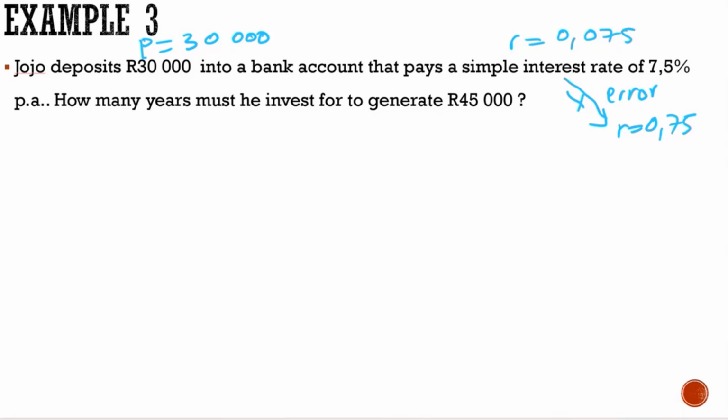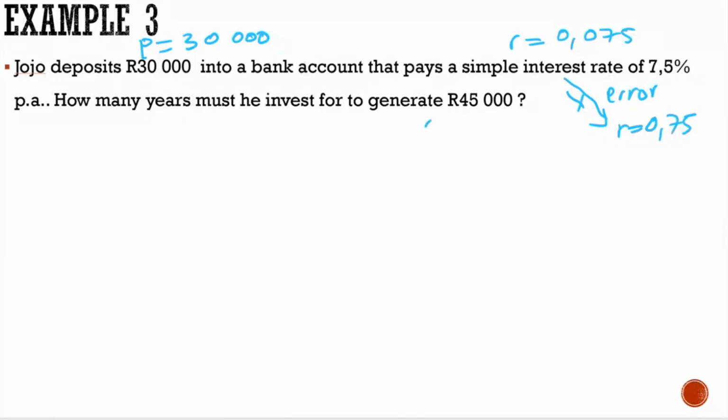You think 7,5, it is 0,75. So if you want to check that you are calculating in a correct way, just put 7,5 divided by 100, you'll get 0,075 per annum.